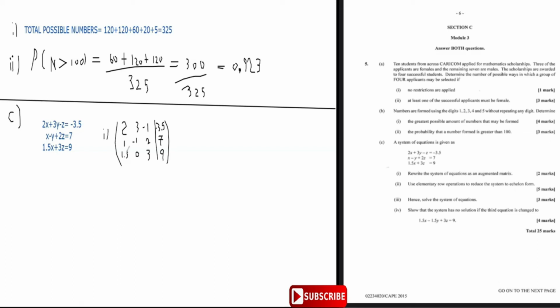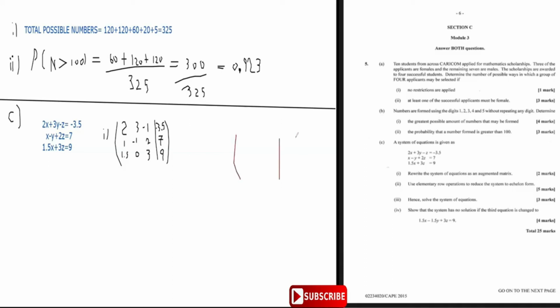It says use elementary row operations to reduce it to echelon form. So to reduce it to echelon form, we need to get 0 in row 2 and row 3 using row 1.